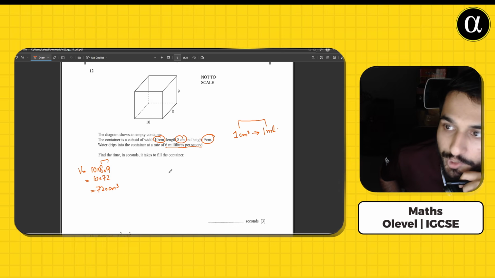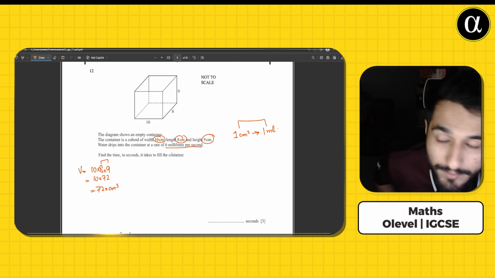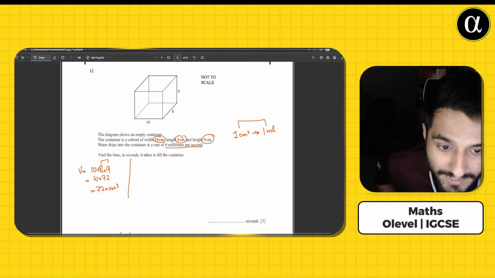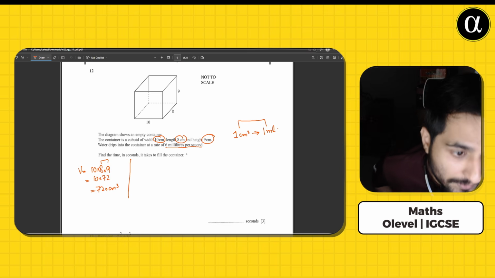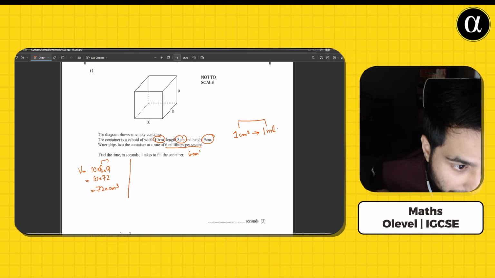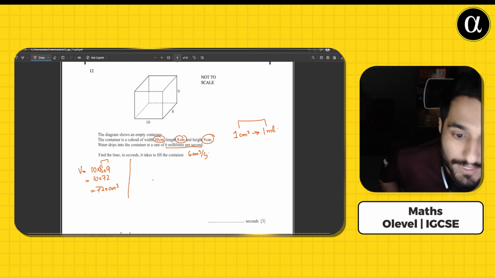So how long is it going to take? We take the volume and divide it by the rate, that is 6 centimeter cube per second, in order to find the time.